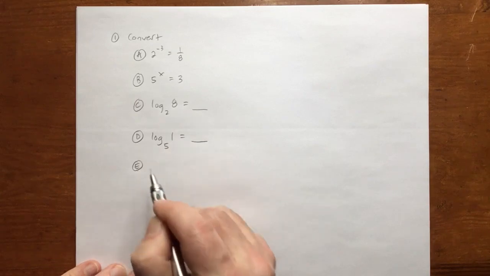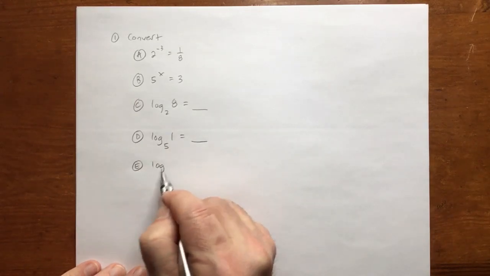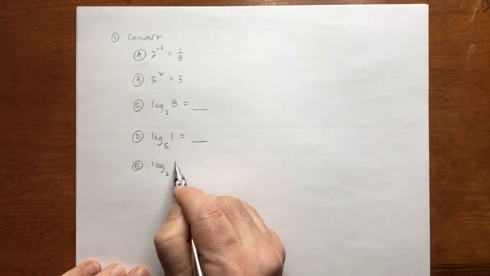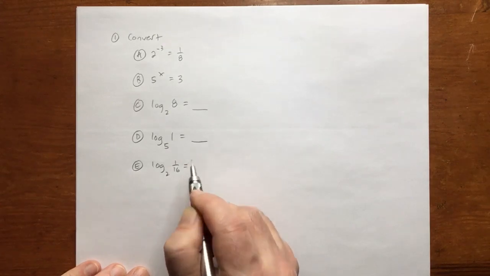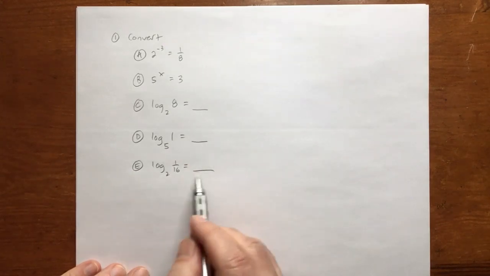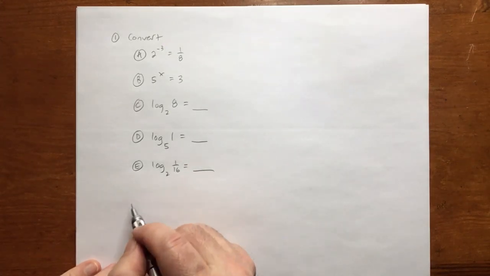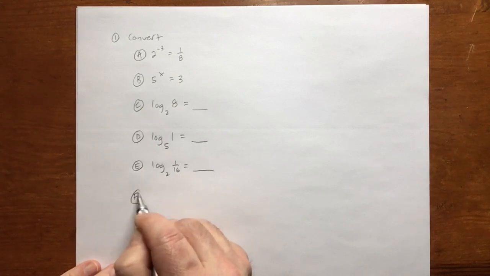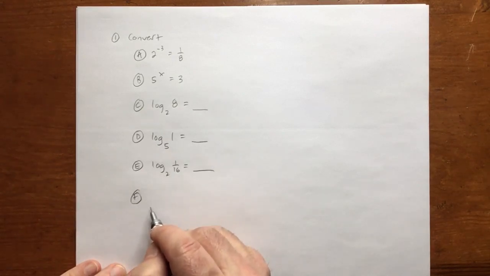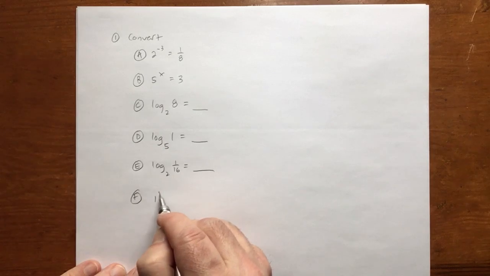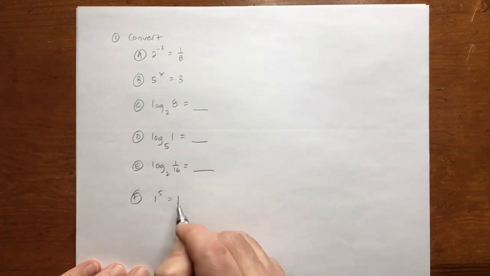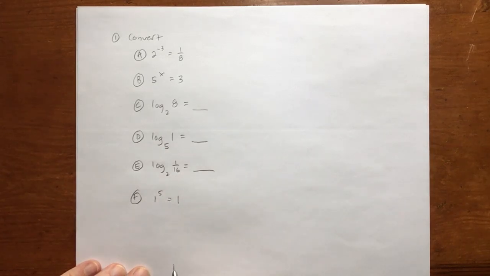These are getting a little more challenging now. Let's do log base 2 of 1/16 equals, figure out what that is, and then convert. And the last one, convert 1 to the 5th equals 1 to logarithmic form. I'll start the next video by showing you the worked out solutions to all this. Good luck.